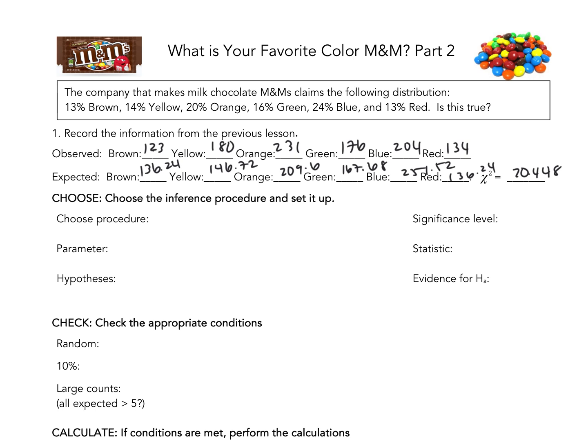The procedure, like we talked about, is one sample. We are looking at multiple different categories. So this is called a chi-square goodness of fit test. P of BR is the proportion of brown. P of Y is the proportion of yellow.